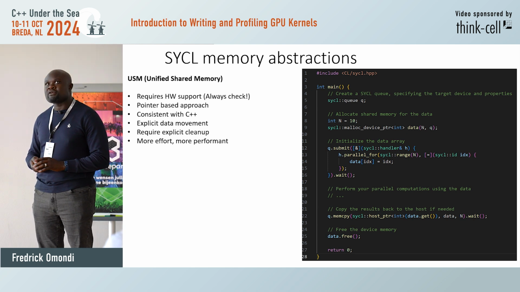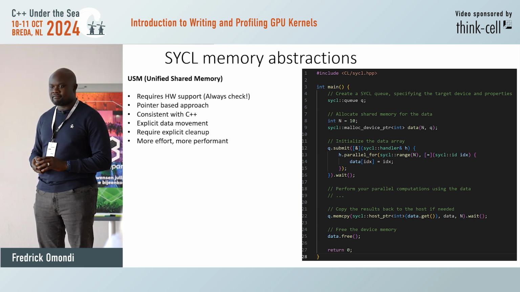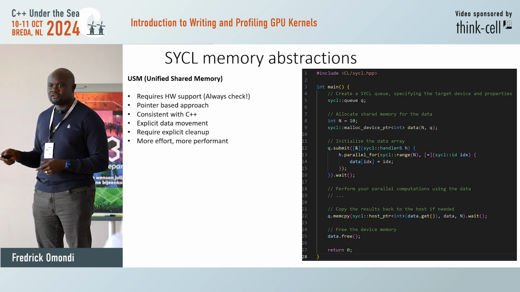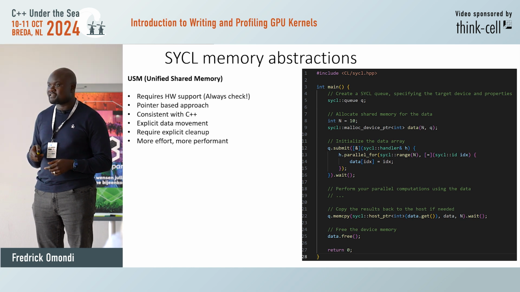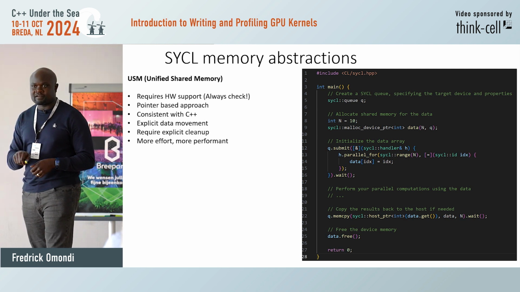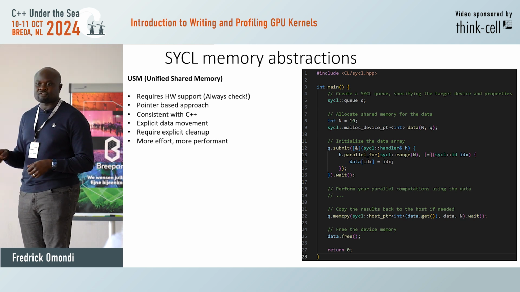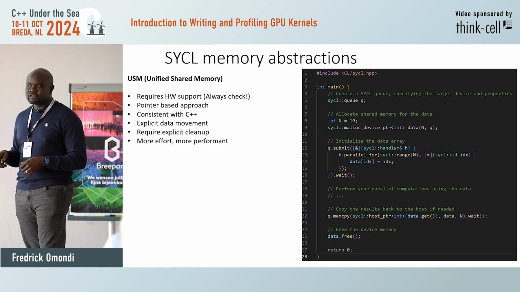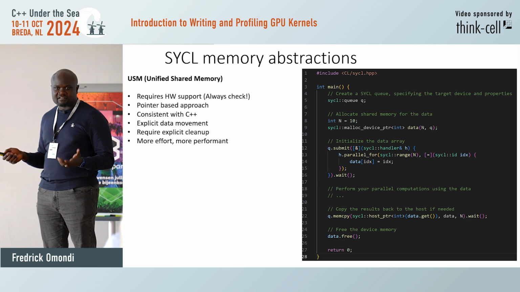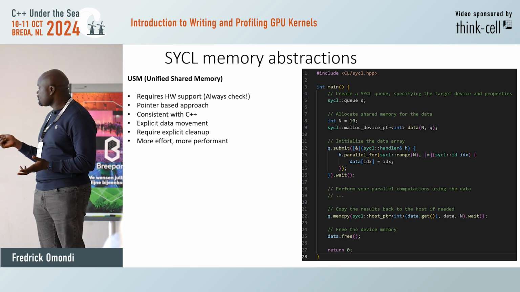So unified shared memory, I'd describe it as a mechanism that makes it possible for both the device and the host to access the same pointer and get the same value. If the GPU dereferences that pointer, it will get the same value, similar to what happens if the CPU does it. Some devices don't support it, but most recent devices support unified shared memory.